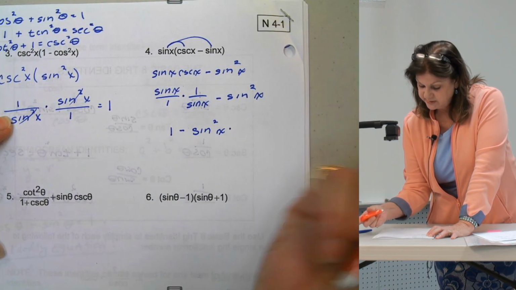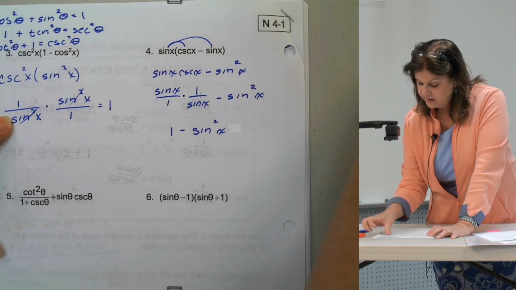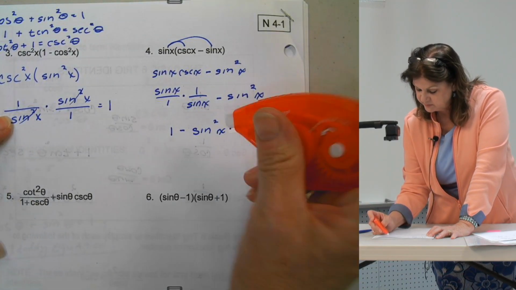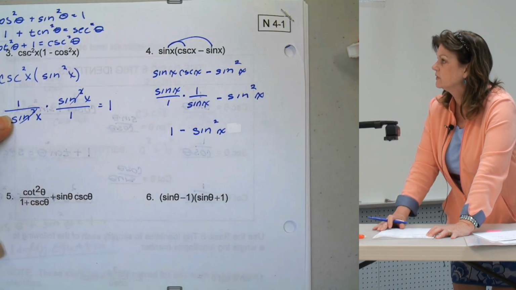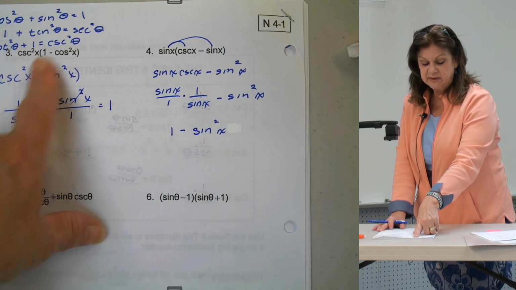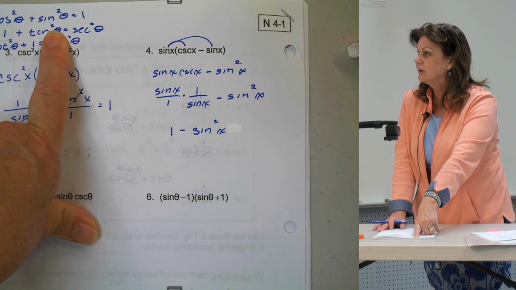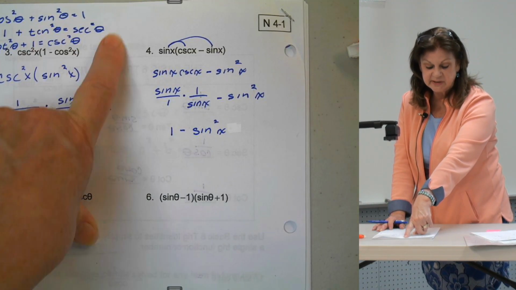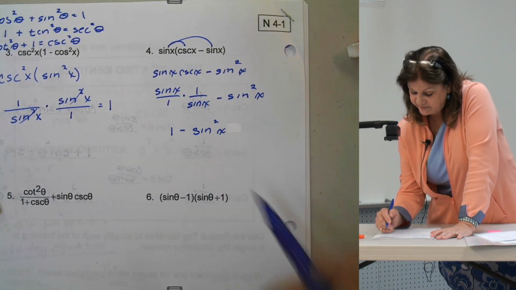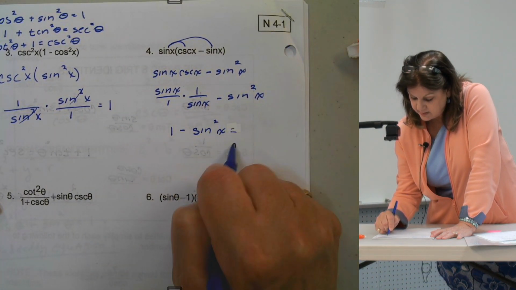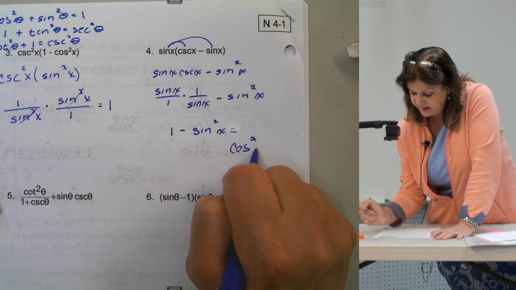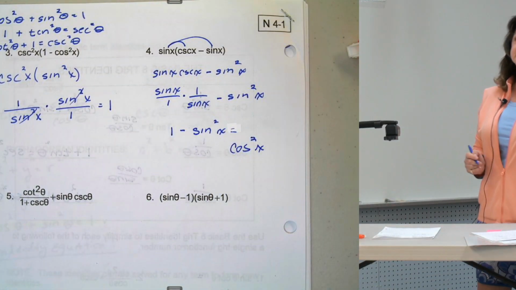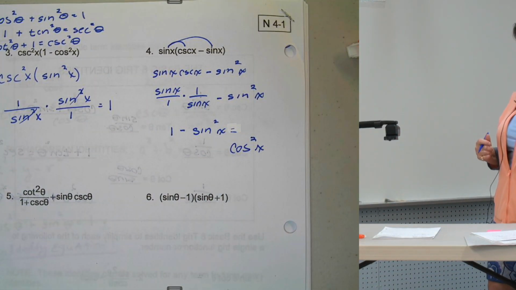I didn't mean to draw that, sorry. And again, of course, the piece that wipes off is the one that I was trying to cover. 1 minus sine squared. Let's come back up here to granddaddy equation. 1 minus sine squared. Well, if I move the sine squared to the right, this leaves me cosine squared x. So sine times cosecant minus sine is simply cosine squared x.